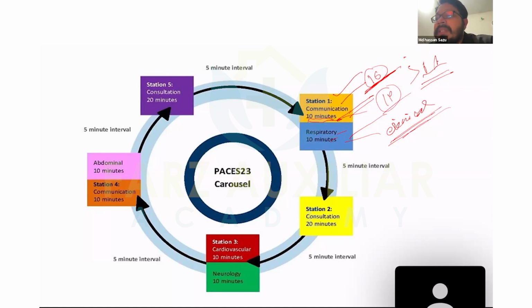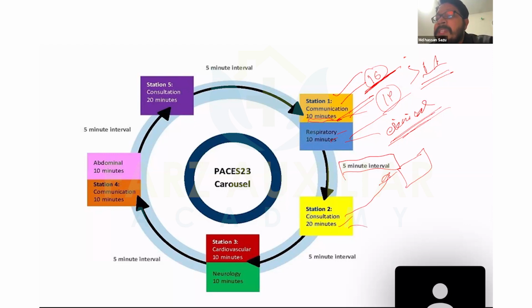After these two encounters, you will get a 5-minute interval. There you will sit, and you will get some paper about this consultation. I will show this paper, how they will provide you a pen and a paper. You need to be ready for the consultation, that is a clinical consultation with a patient.